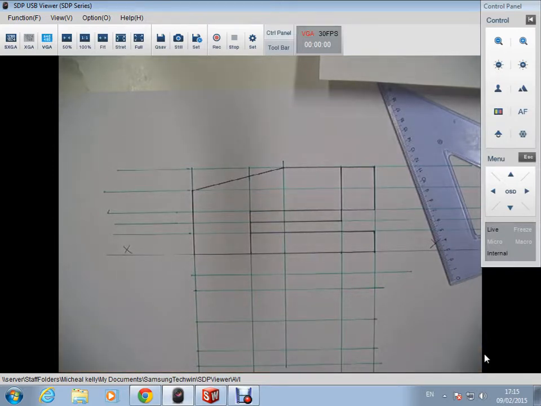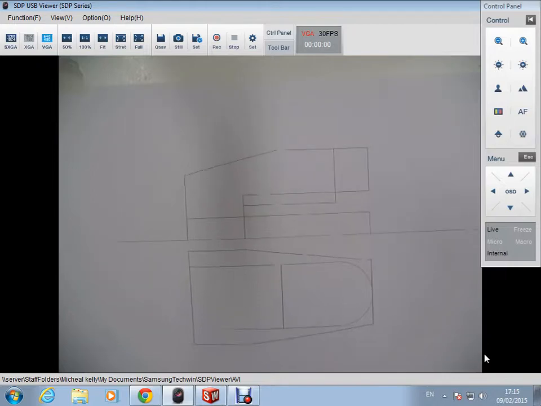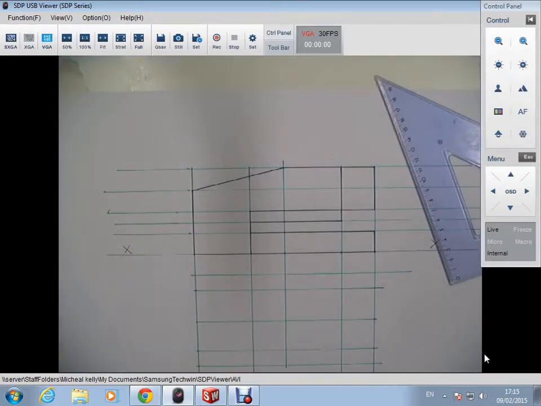So again, my finished drawing and plan will look something like this, so I can go over heavy what my plan is going to look like.